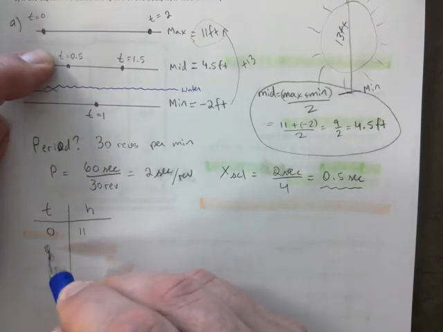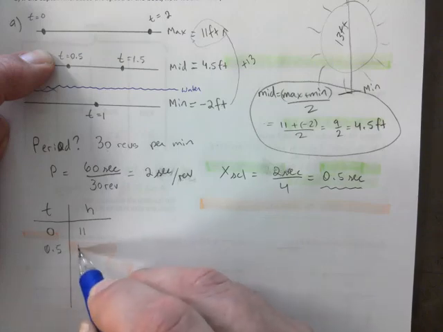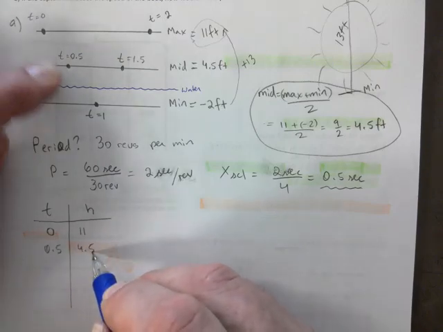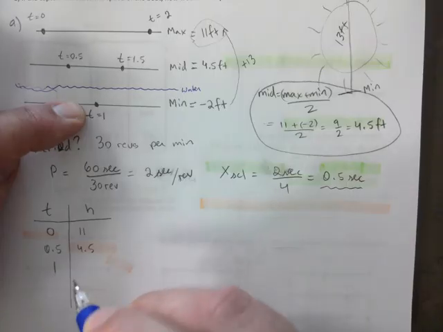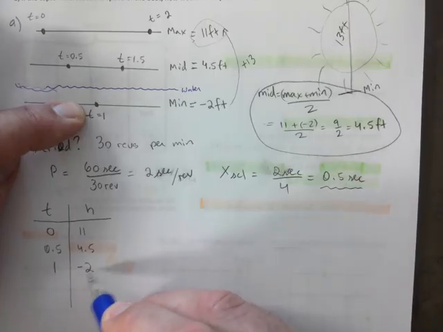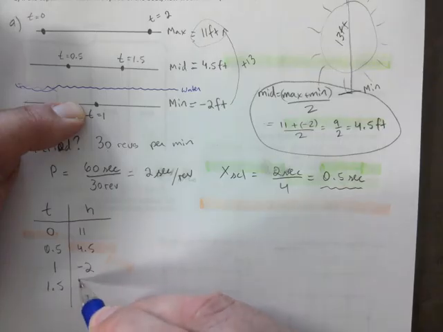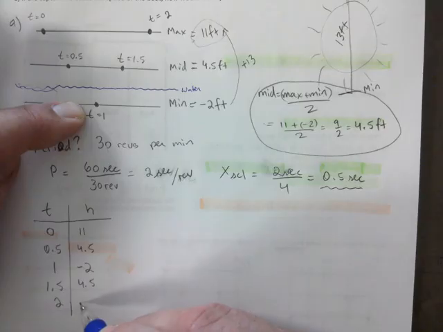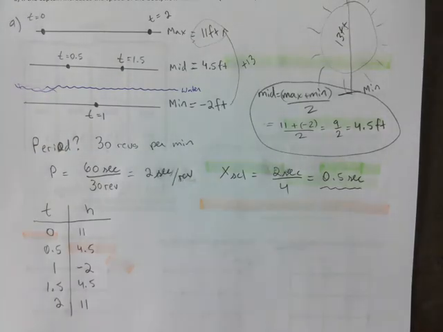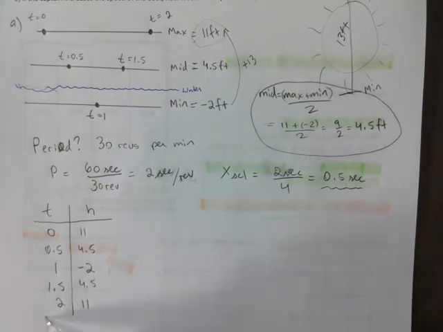When my time is 0.5, my height is 4.5. When time is 1, I'm at -2. 1.5, I'm at 4.5 again. After 2 seconds, I'm back to 11. L1, L2, let's go and come up with a regression here.